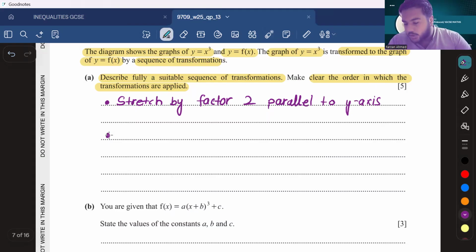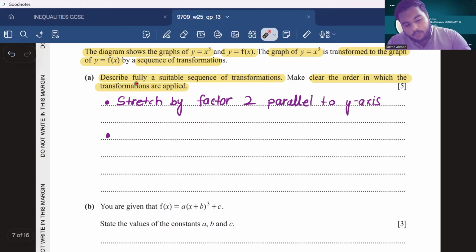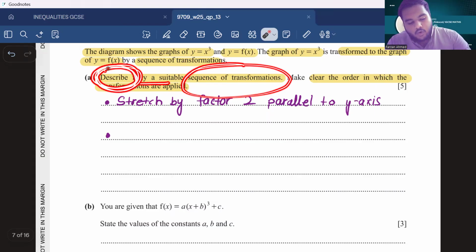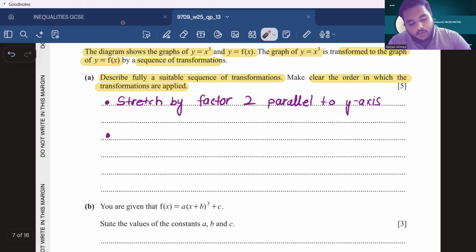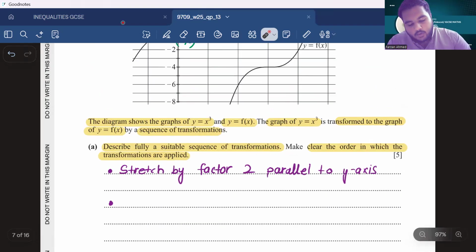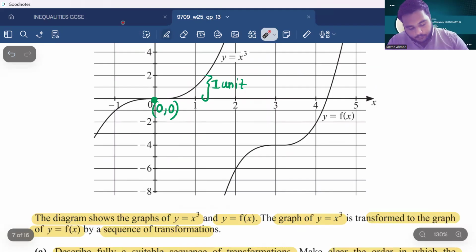The second description will be the translation. For a fully suitable sequence of transformations, when we have a question about describing, you have to tell what has been done, and we have to tell the translation vector. So how will we find the translation vector? You see that this is a point.